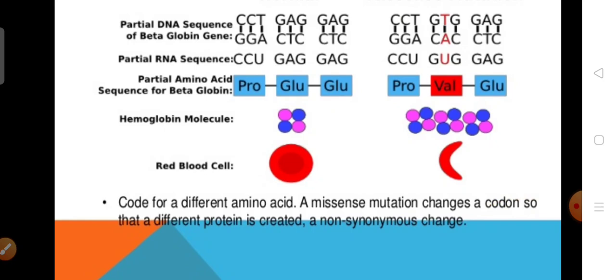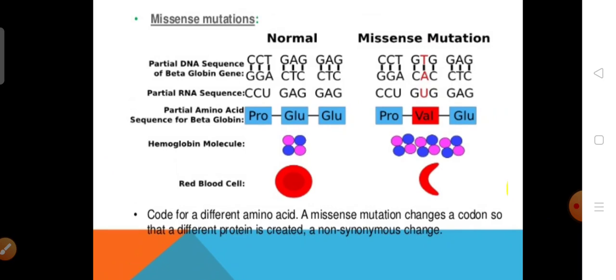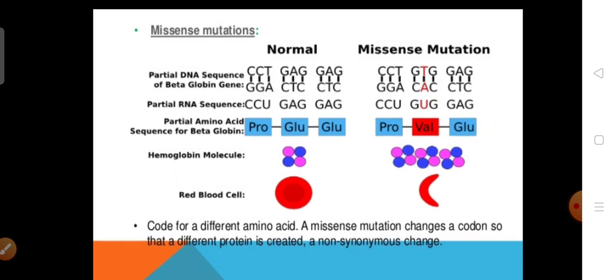That can be a harmful effect of missense mutation, which results from base pair substitution, where there is only a change in a single base pair. So this is missense mutation. The other types of mutations are nonsense mutation and silent mutations, which we will study in the next lecture.